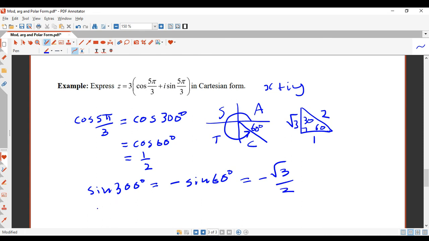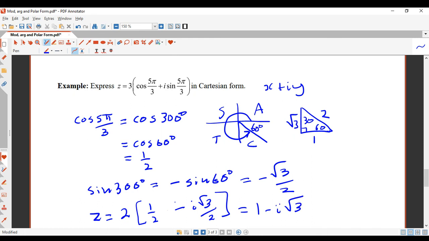So if we sub that back in here now, z equals 2 brackets cosine of 5 pi on 3 is a half, plus i sine 5 pi on 3 is minus root 3 on 2. I wouldn't normally write it like that. I'd normally just have minus i there. Now if I expand those brackets, I'm going to get 1 minus i root 3. That's it.